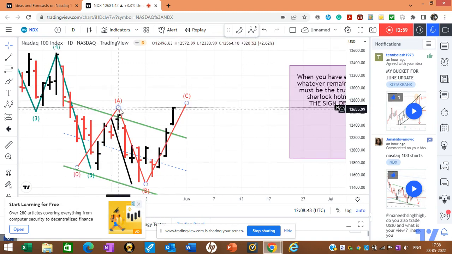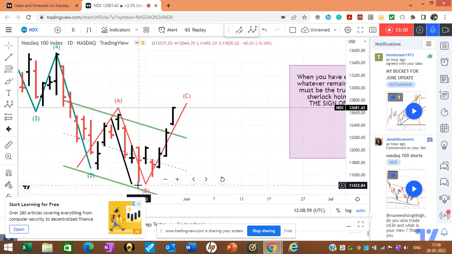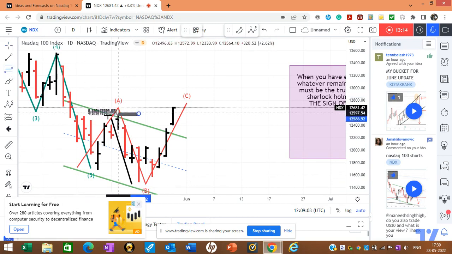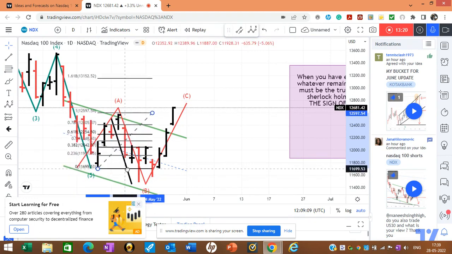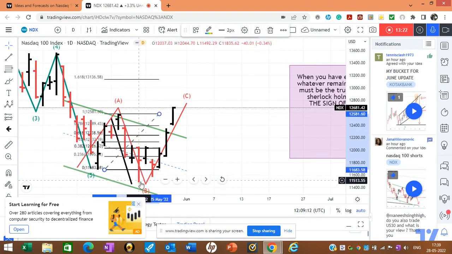So the wave theory says that wave B is more than 100%, 105%, sorry, of wave A. So let us take wave A. Say suppose this is 100%, then wave B is more than 105%, more than that.